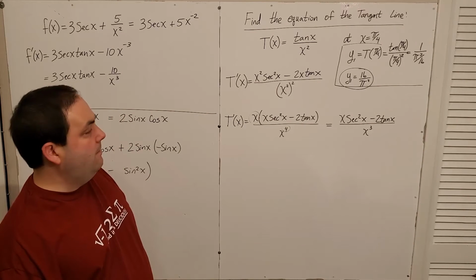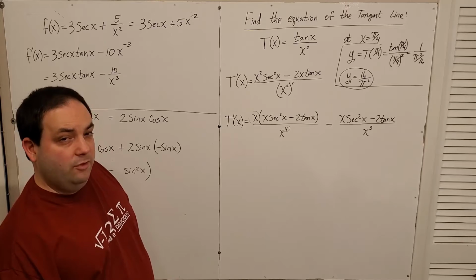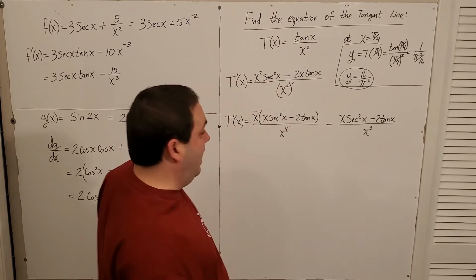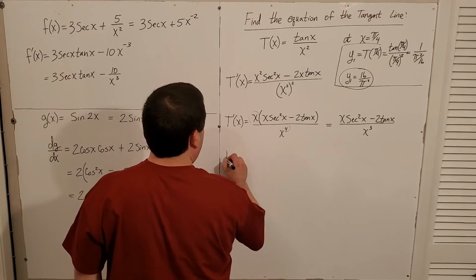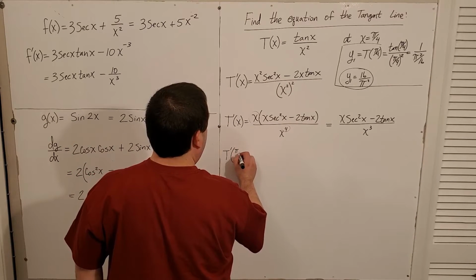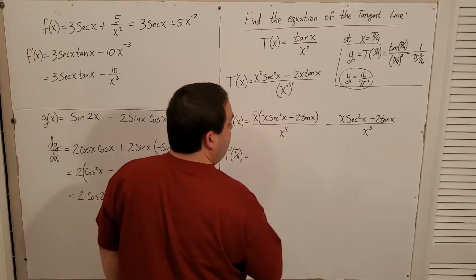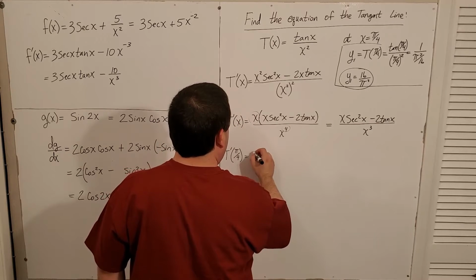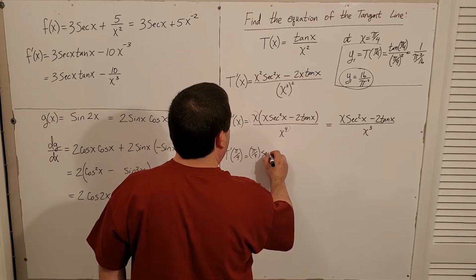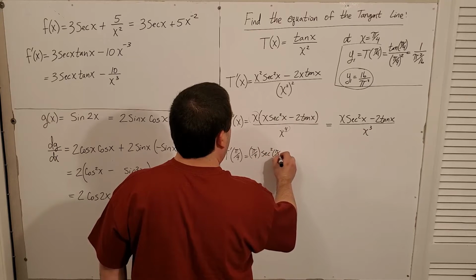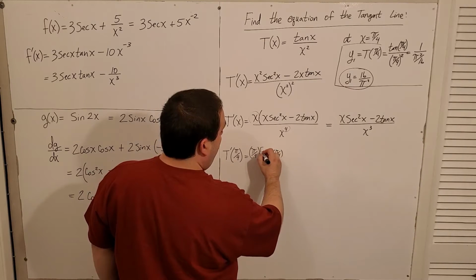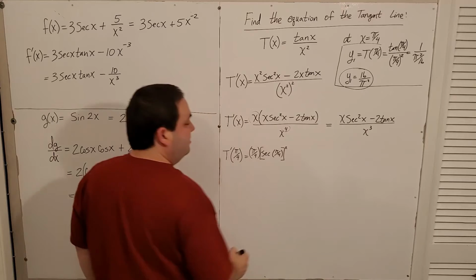Okay, but I'm interested in a particular value, right? So I'm going to be doing t prime of my x value, pi over 4. So t prime of pi over 4 is equal to x times the secant squared of x, so that's pi over 4, times secant squared of pi over 4, which, remember, what that really means is the secant of pi over 4, and then whatever that value is, squared.